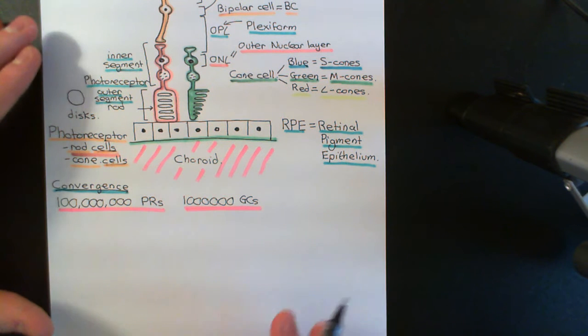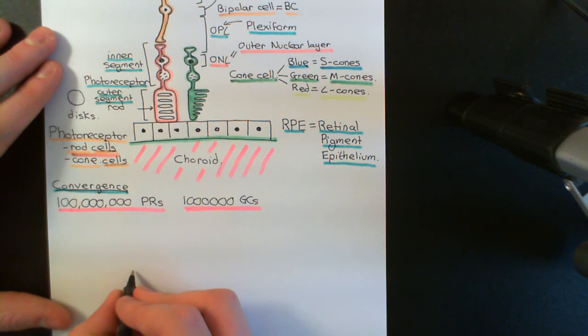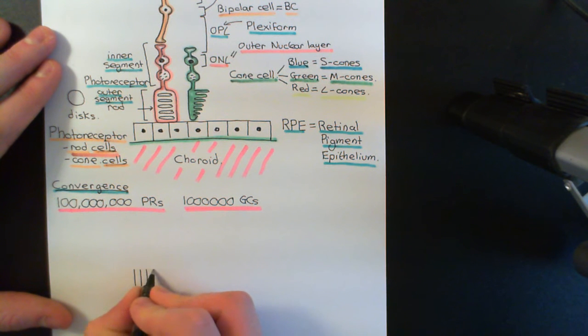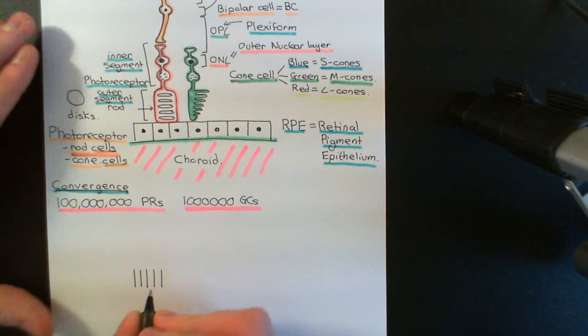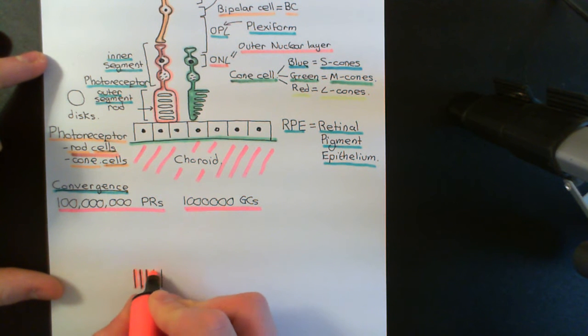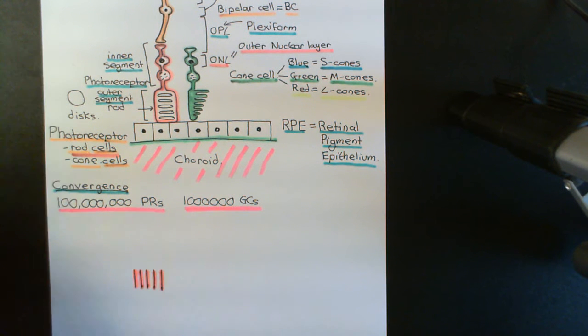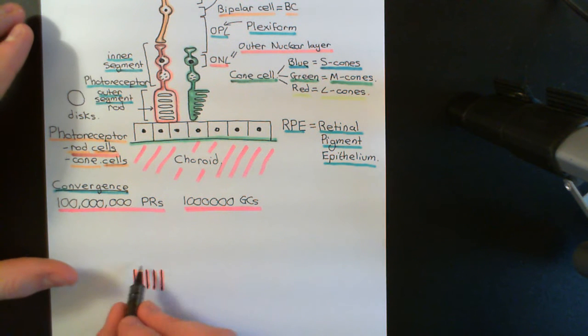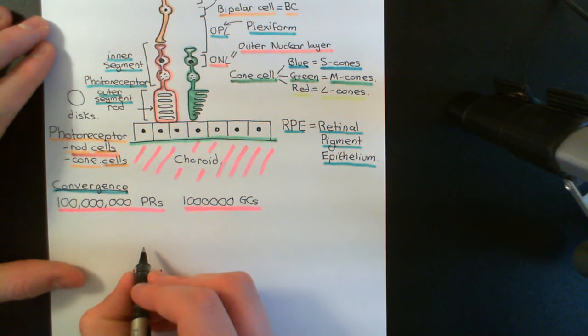The way that it will actually work is that you will have lots of rod cells in a little region of the retina. So let's just draw these out here. I'm drawing now a much more basic picture. So here are lots of rod cells shown here in red. Okay, so these lines are just going to represent rod cells. So lots of rod cells now will end up synapsing onto just one bipolar cell.